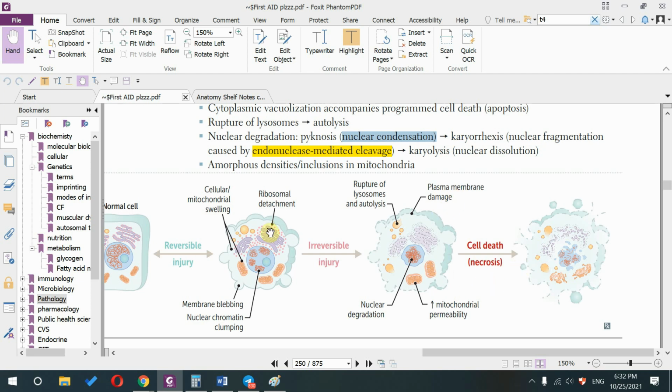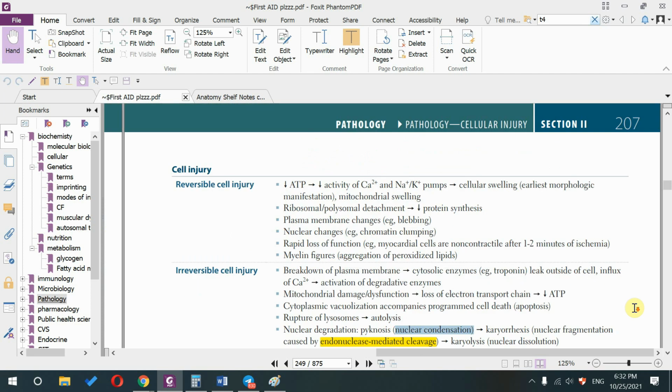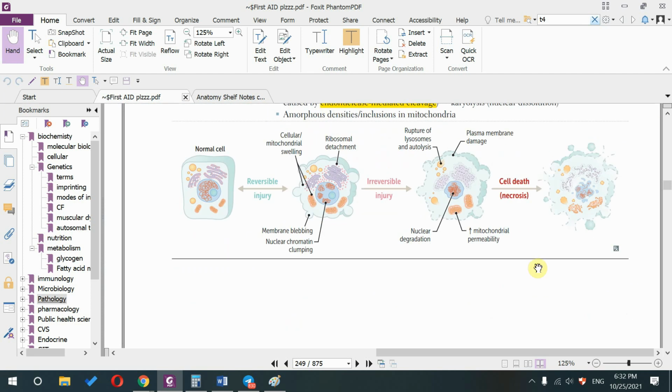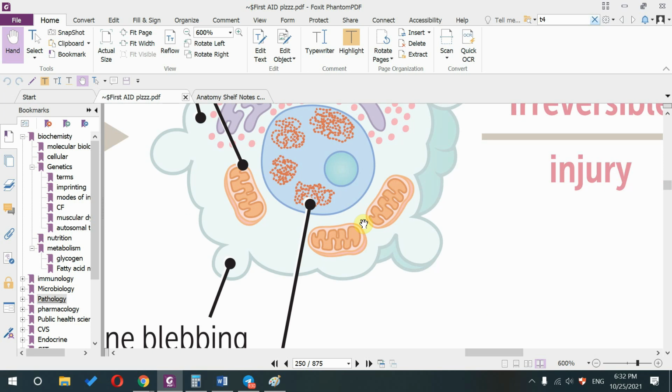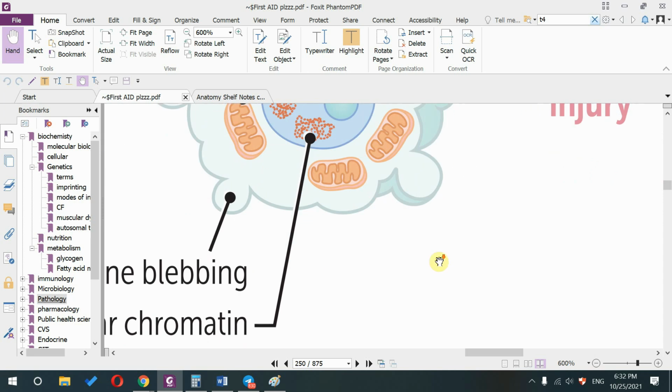So again, to make it simple, if you don't want to memorize all of this, just remember 2 words. Swelling, tearing. Here everything swells. When the endoplasmic reticulum swelled, ribosomal detachment. When the mitochondria swelled, what happened? It was swelling, and a little blob started to form inside of it.